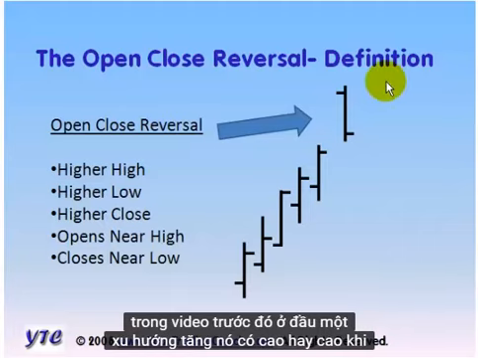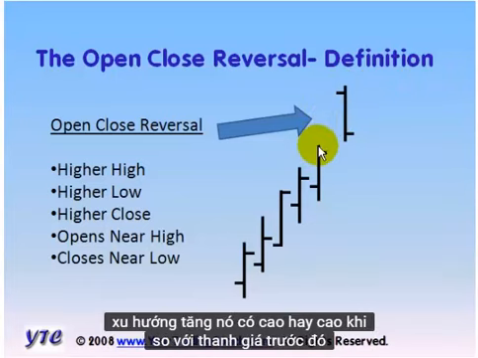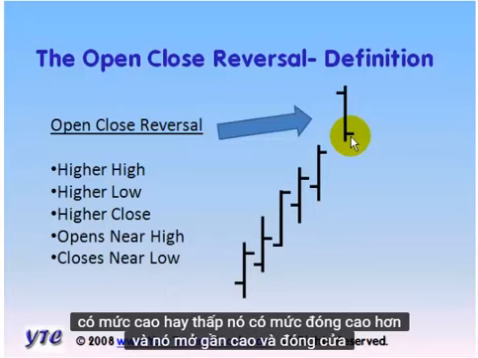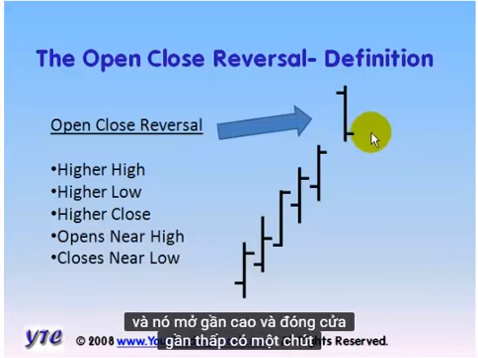It has a higher high when compared with the previous price bar. It has a higher low. It has a higher close. And it opens near the high and closes near the low.